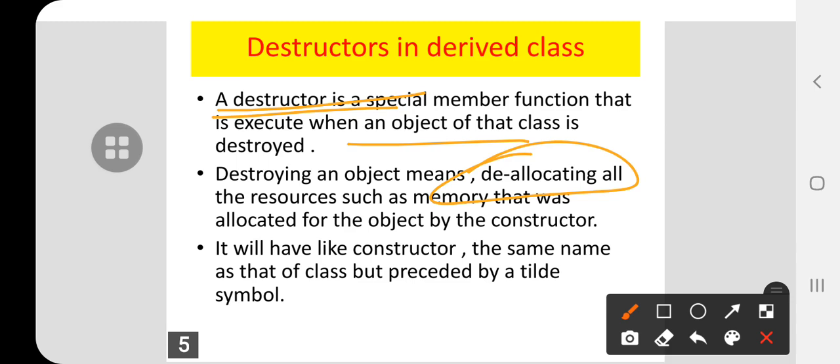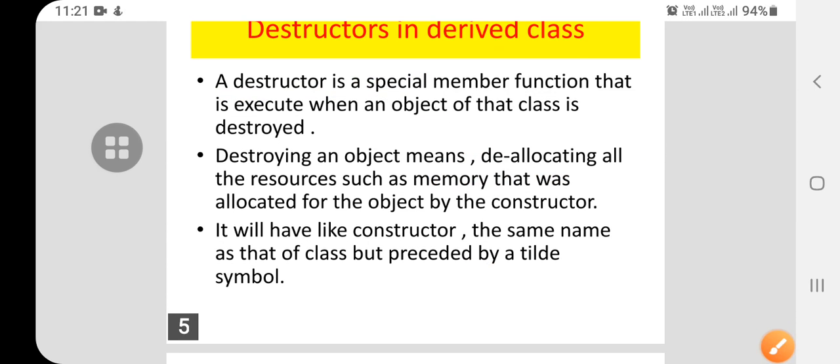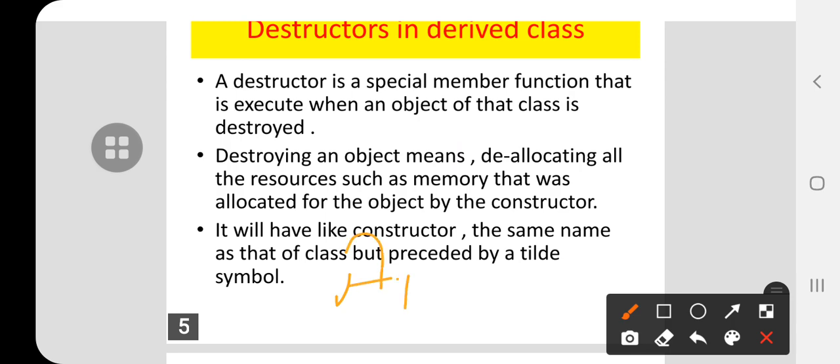In the program it is mentioned with a tilde symbol. For an apple class, I'll take apple as the constructor, and with a tilde symbol it is called a destructor. A destructor name is always preceded with this tilde symbol.